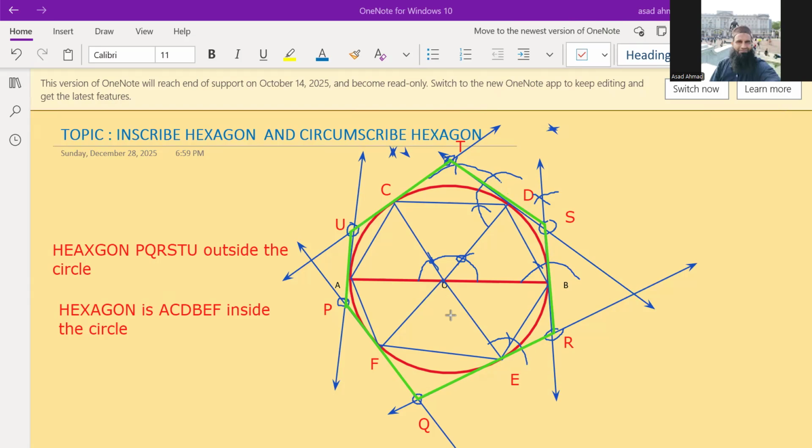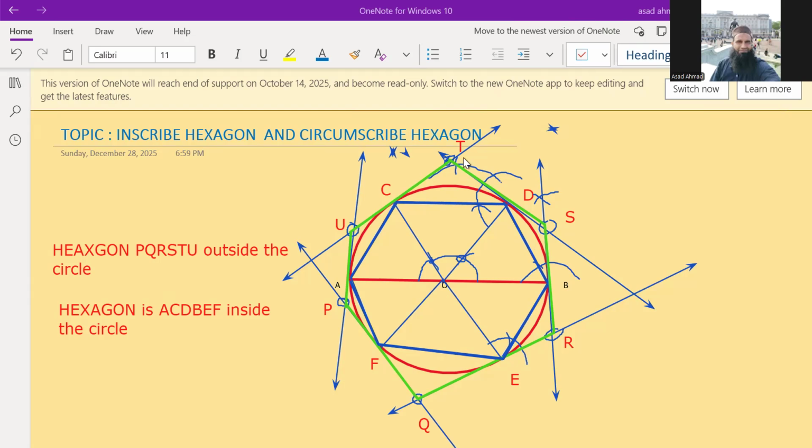Let me make it a little bit bold to make the diagram prominent. This is how you will be able to get the internal hexagon and external hexagon.